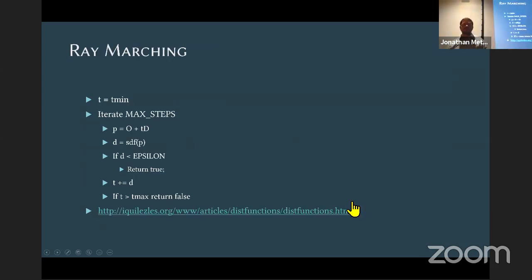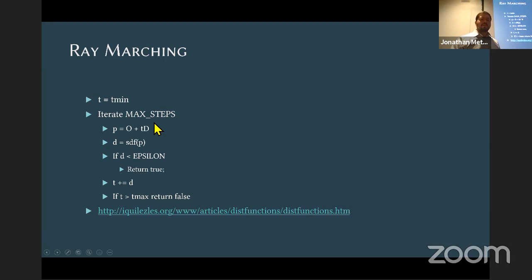So we can use this idea of a signed distance to determine how much space we can travel along the path of the ray before we potentially hit something. This is a numerical method, so we have to iterate a certain number of steps, and we normally wait until our distance to the object is less than some epsilon value.